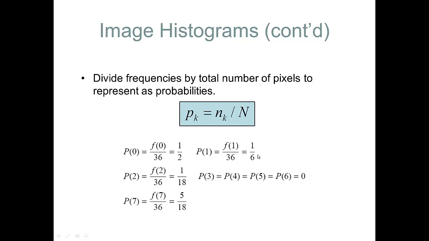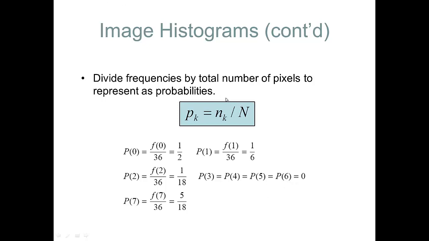P1 we just compute and get 1/6. Then for the probability of pixel value 2 happening, we get 1/18. For pixel values 3, 4, 5, and 6, the probability is 0.